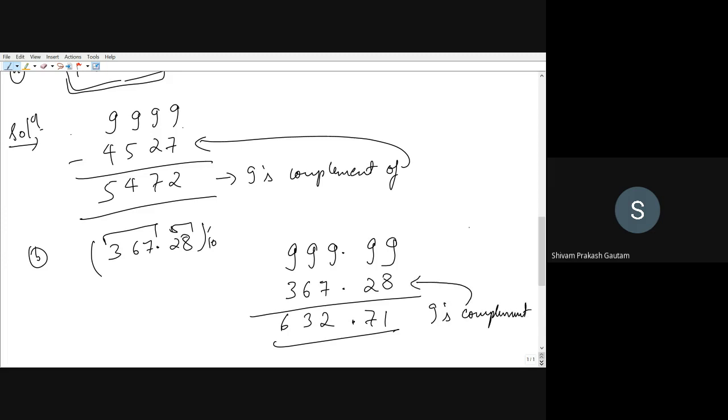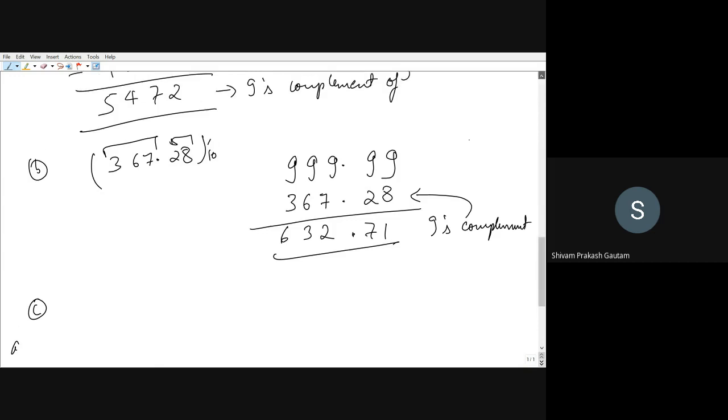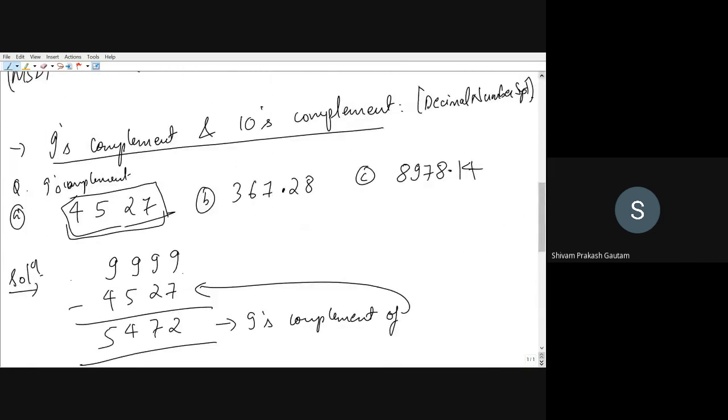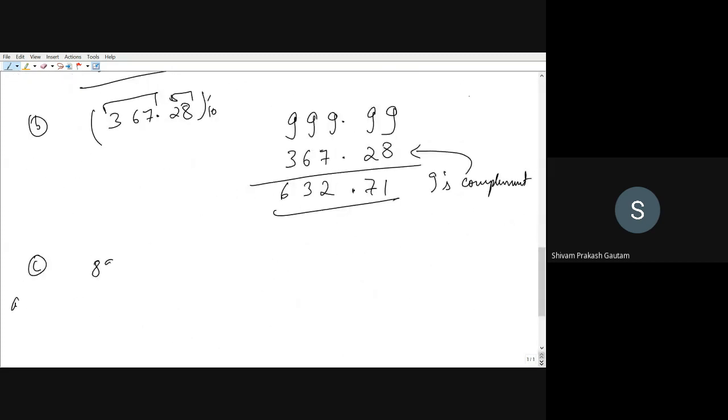Again, the third was 8978.14. This is the number, and we have to find its nines complement. So see how many digits are there. There are 4 digits before the decimal and 2 digits after the decimal.